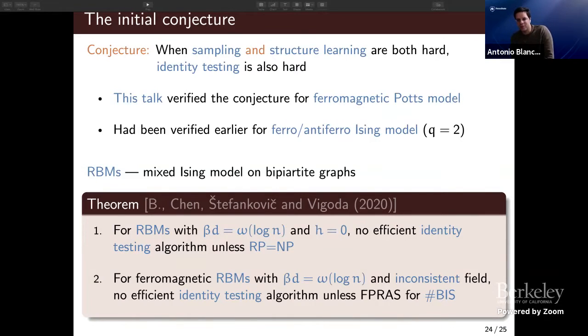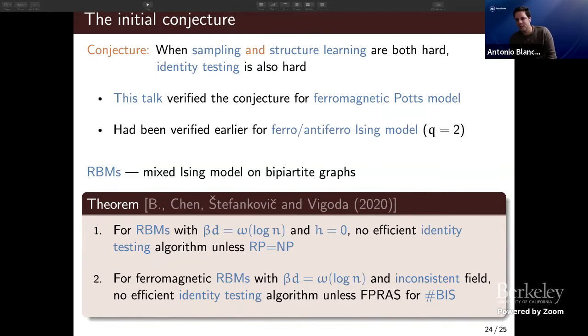So the flow of the proof is the same. What changes is the specific gadget that we have to put to capture this phase coexistence. So the phase coexistence is what drives the hardness of sampling and counting. This first order phase transition is what implies the hardness. And it seems that there is some connection here, but it's not completely fleshed out.